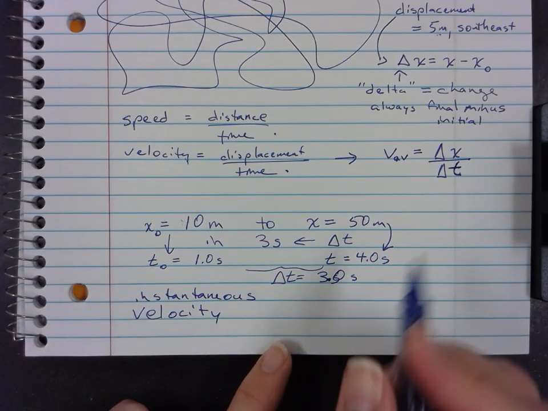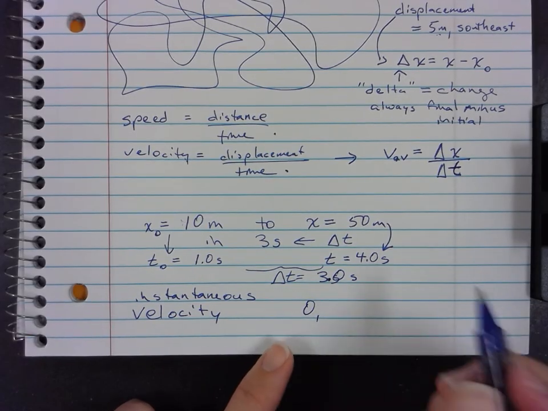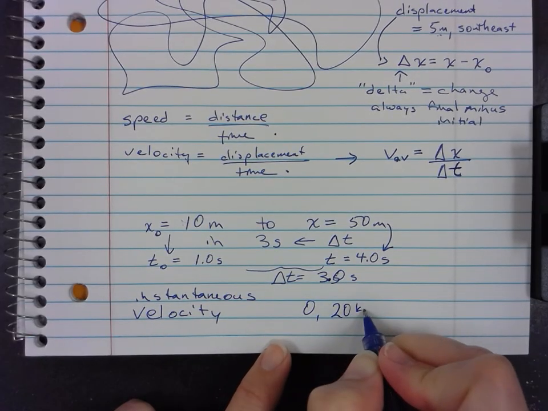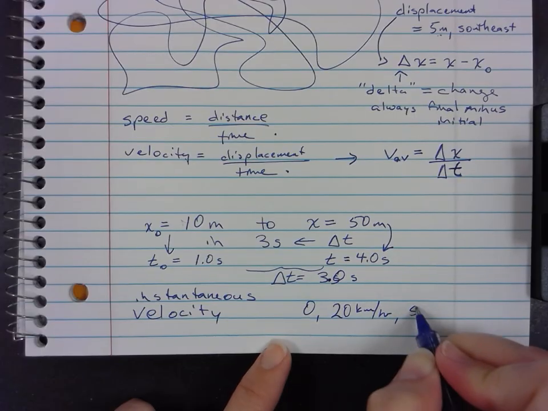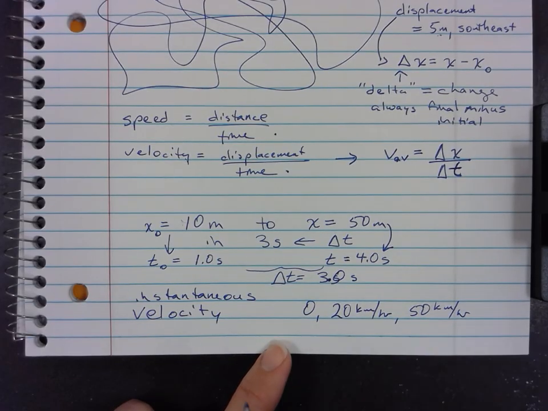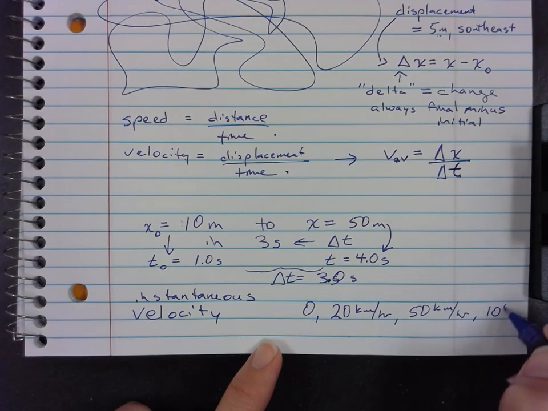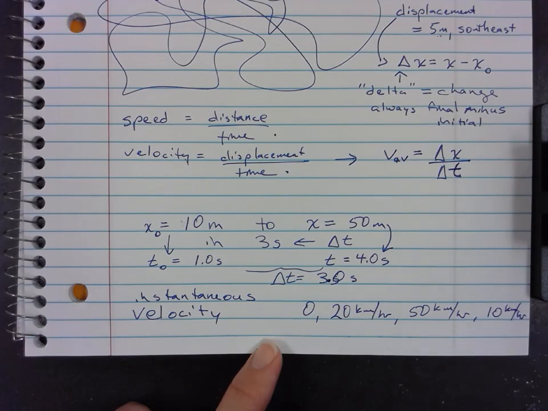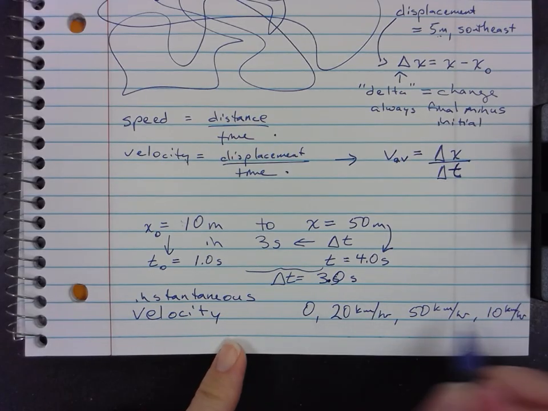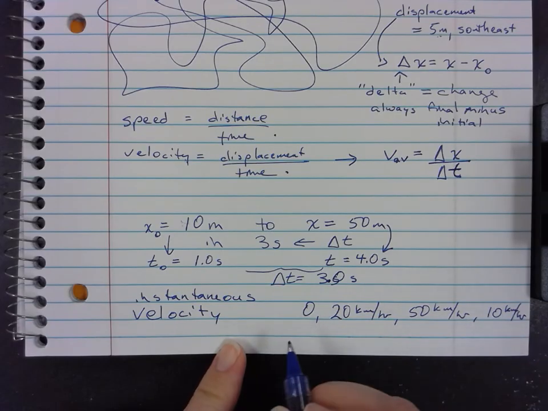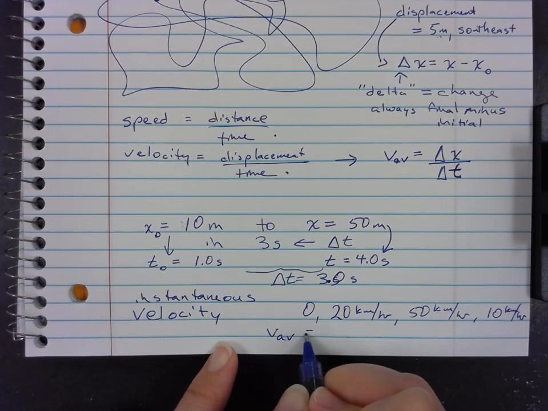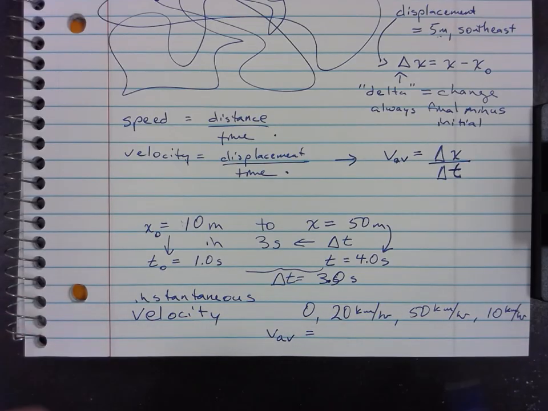So maybe you're stopped, and then you're going at 20 kilometers per hour, and then you're going at 50 kilometers per hour, and then you slow down to 10 kilometers per hour, which is really slow. But so at any point in time, you're going these 4 different velocities. Your average for the whole trip would be somewhere in between all of those. It would depend on how much time you spend at each of those velocities.